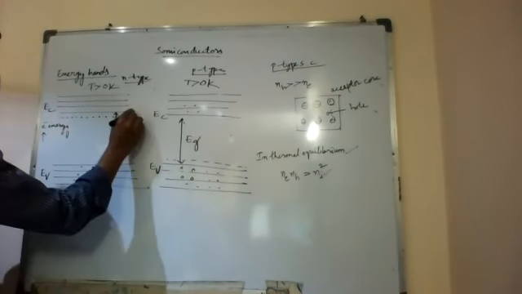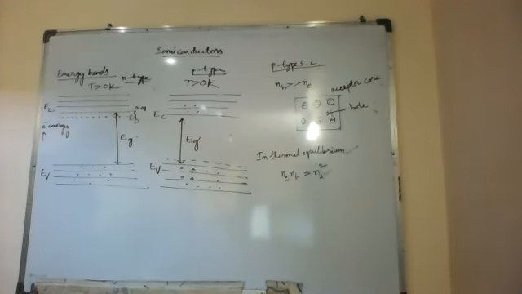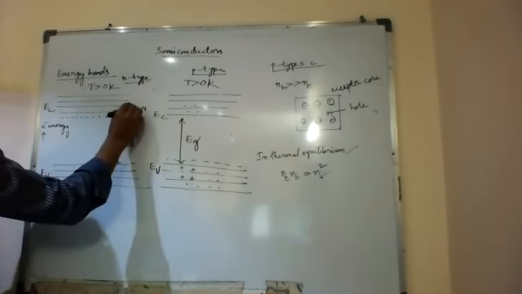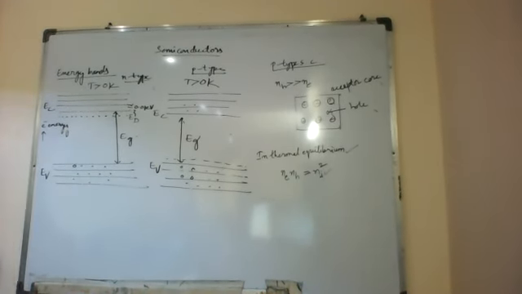This is how much? 0.01 electron volt. And here there is a donor.